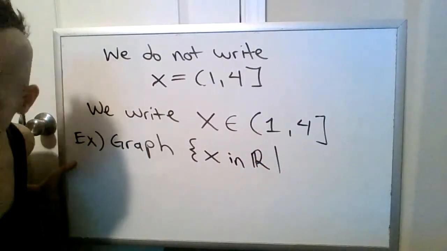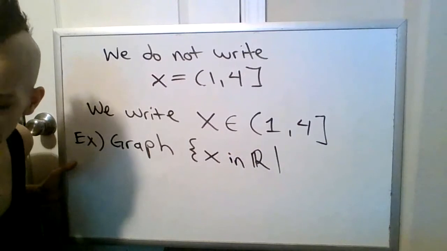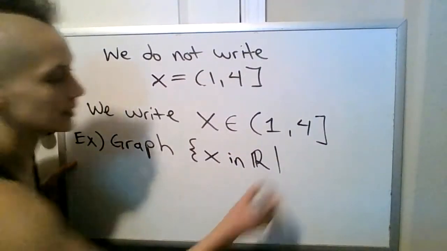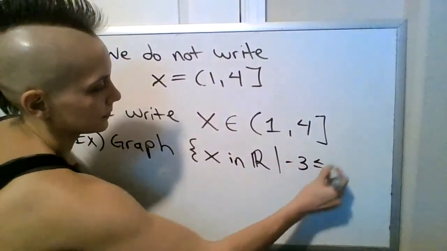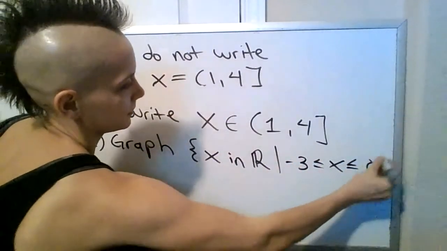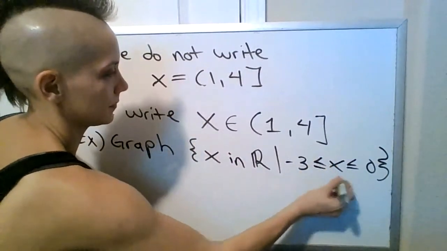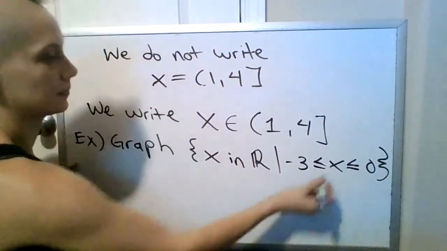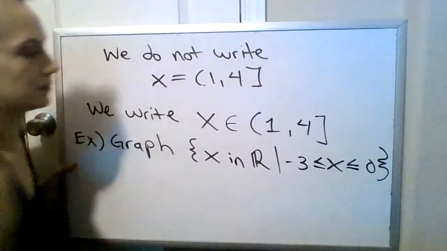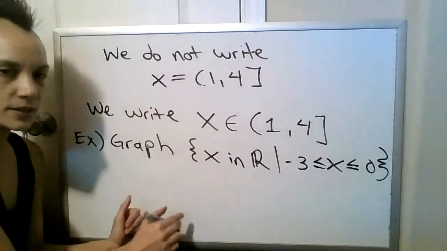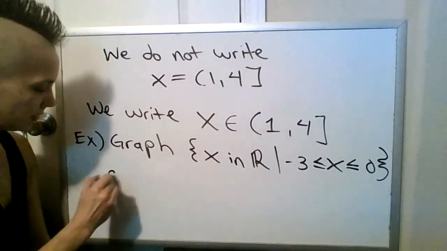Such that -3 is less than or equal to x, and that's less than or equal to 0. Close the set. Graph and write the set in interval notation.